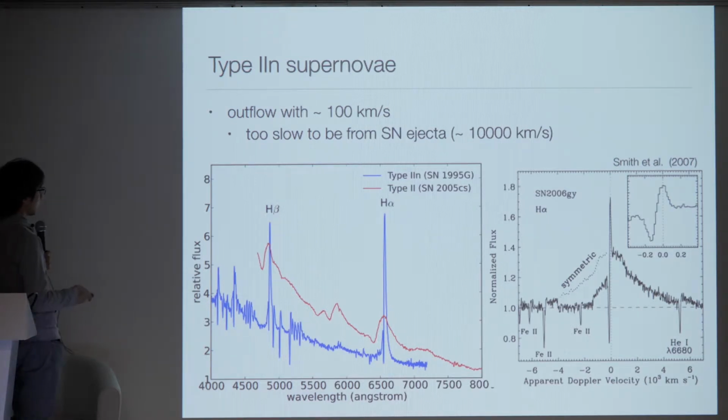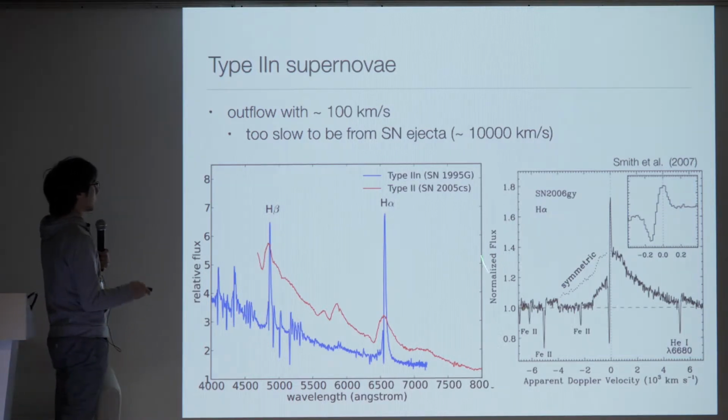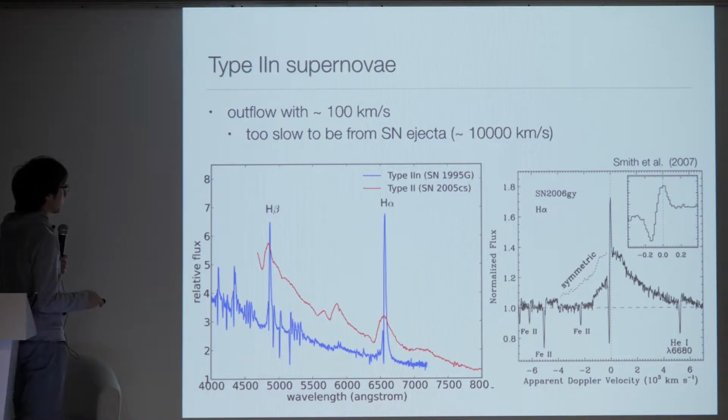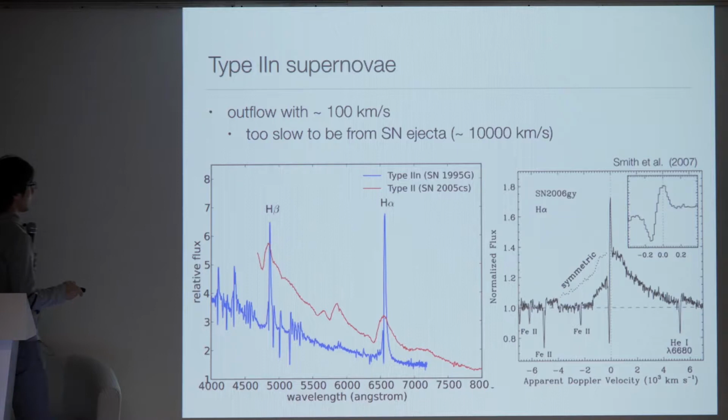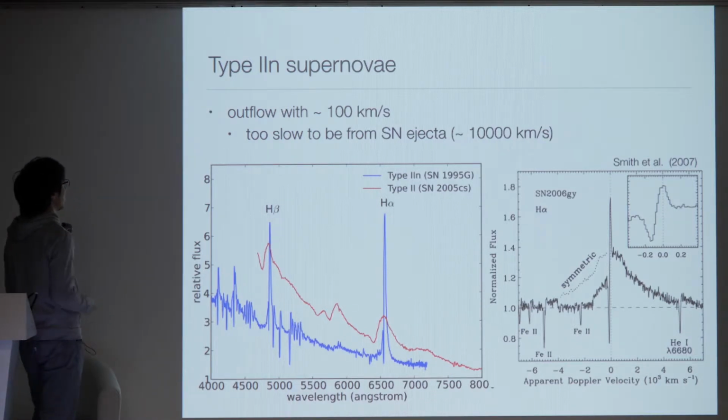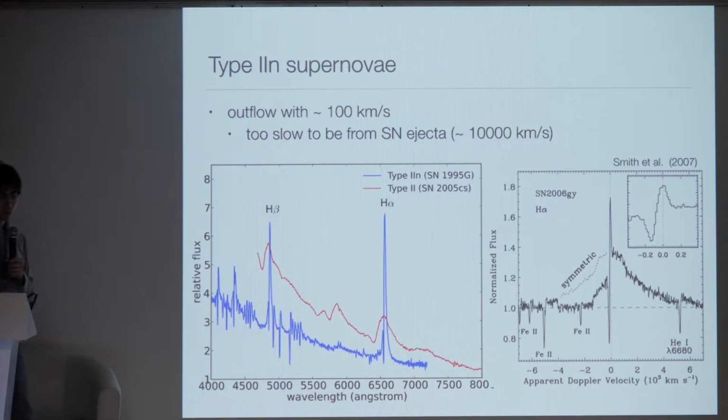And in some cases, when you take a very high resolution spectrum, you get something like this from a type 2N supernova. What we see is that this very narrow P Cygni component can sometimes be observed. This P Cygni profile indicates there should be an outflow of 100 km per second or so, on top of this relatively broad component.